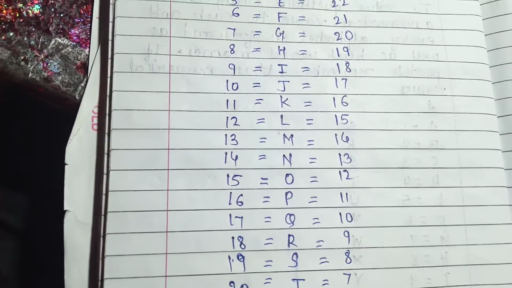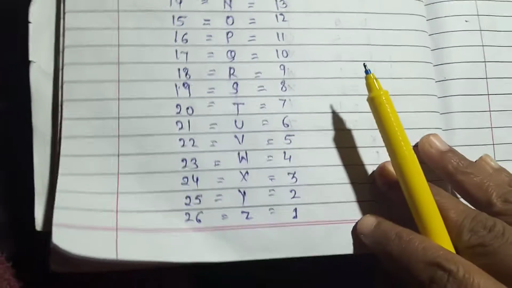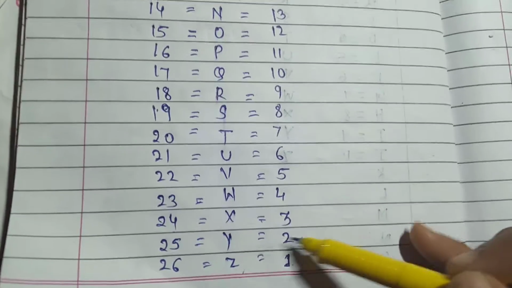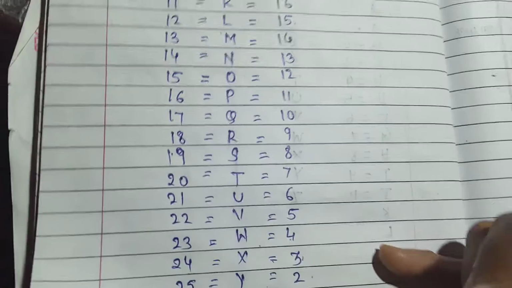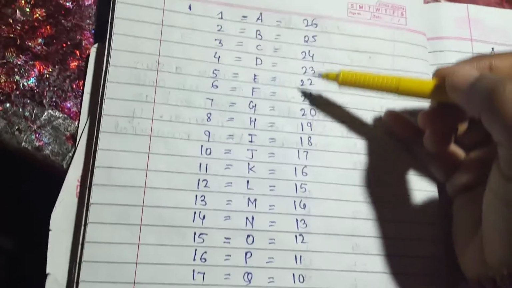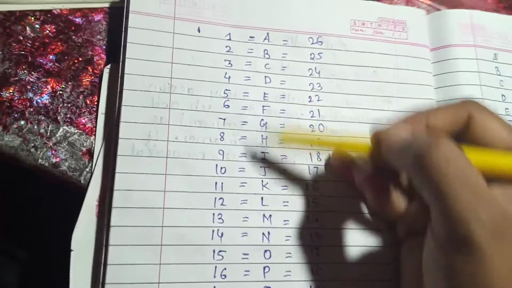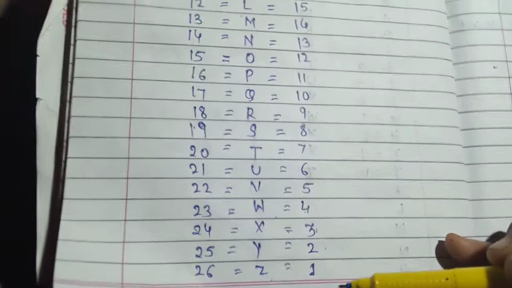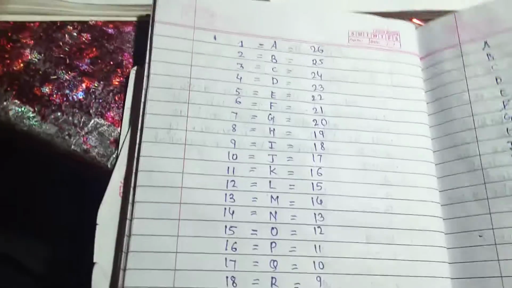Same way, come in the backward direction, that is give the value 1 for Z, Y means 2, X means 3, W means 4, like that you have to come in the backward direction. So first give the value in the downward direction, that is from A to Z, 1 2 3 4 5 6 up to 26, and next you have to give the values upward, from 1 to 26. Okay, so let us see example one here.